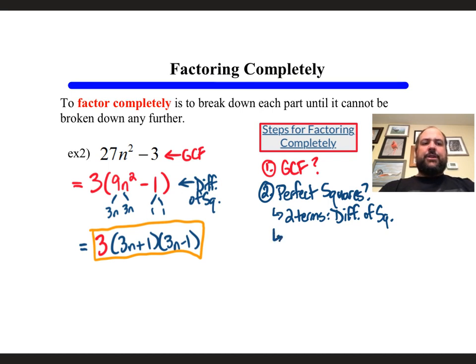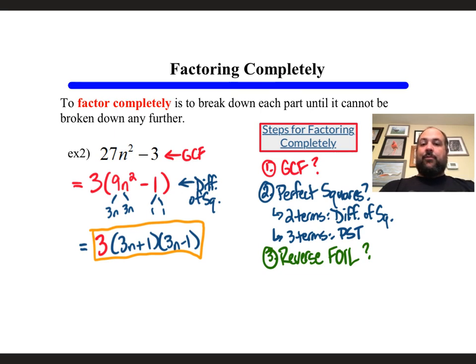If there's 3 terms, then it becomes a perfect square trinomial, which is where we have the same exact binomial twice. And if neither of those work, the only other option we have is reverse FOIL. That's always going to be our last choice and last thing we look at. So GCF, perfect squares, reverse FOIL.